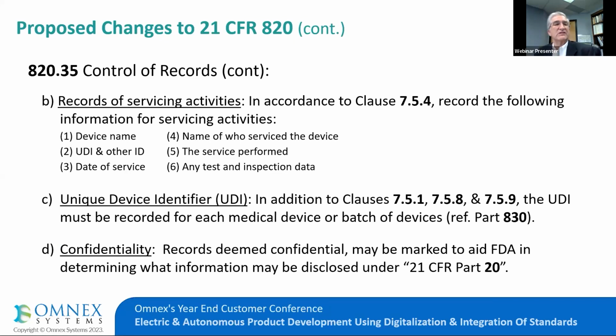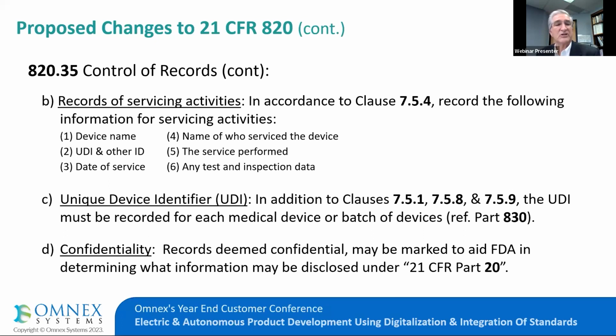Okay, control of records continued. Paragraph B, records of servicing activity. In accordance with 7.5.4, you need to record the following information at a minimum: device name, identification, date of service, name of the person who performed the service, what service, and any test and inspection data that becomes part of that service.